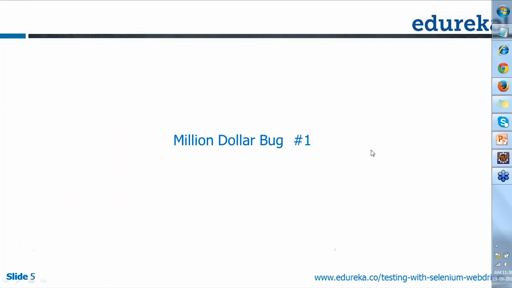Okay, I got one question. Can we say it is a high severity and high priority bug? Jamin says, see, high severity and high priority are technical terms which are used whenever you are doing testing. But with a $1 million bug, when this bug comes out inside the product and reaches the customer, the customer doesn't use these severity and priority terms, right? The only term we use once the bug is released with the product is the loss to the company.